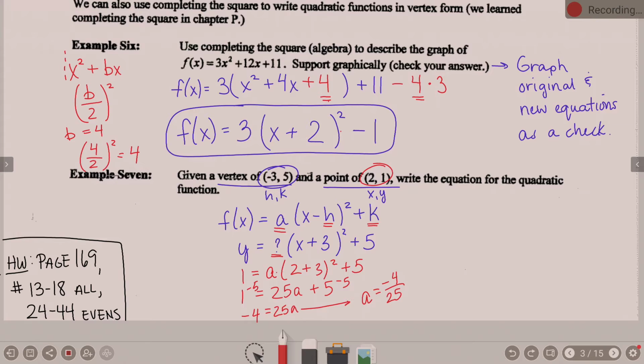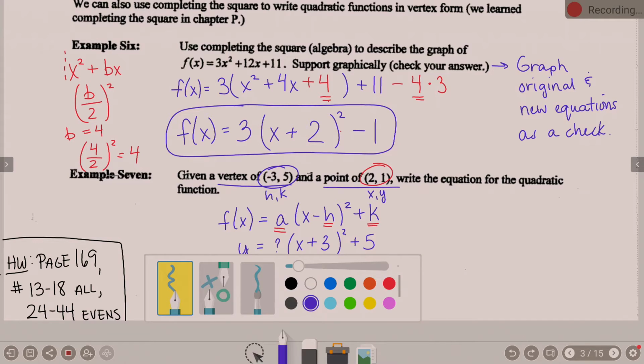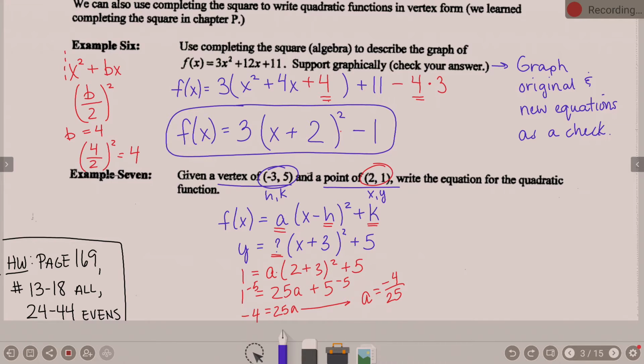So it can be a negative fraction. Because we're ready to write the equation now. You can say f of x or y, I'm not picky either way, equals, what's a? Negative 4 25ths, parentheses, x minus h, so that is x minus negative 3, quantity squared, plus k, plus 5.